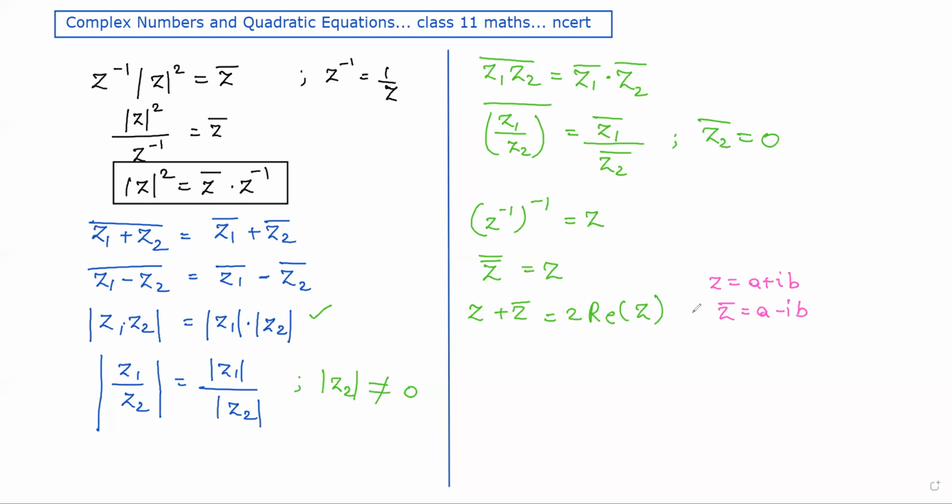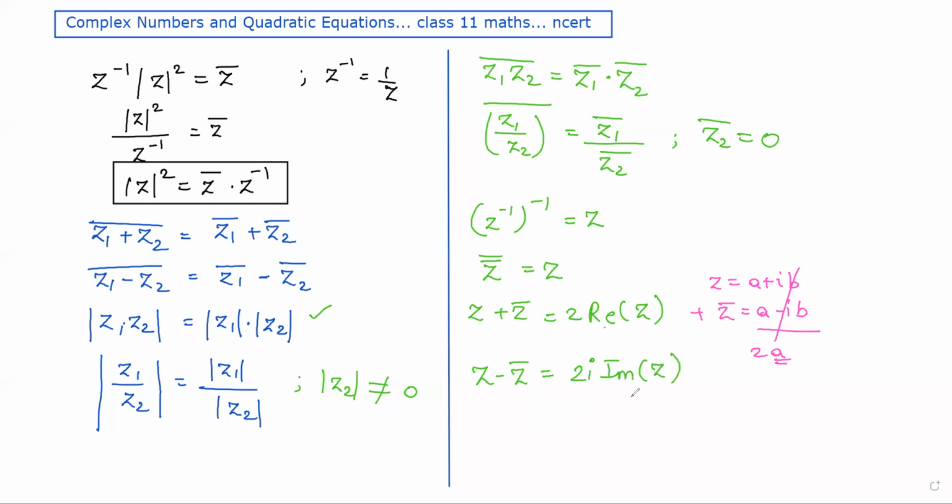If you add them together, these two terms get cancelled and you're left with 2a. a represents the real part of Z. Hence, this addition value is 2 times the real part of Z. If you subtract these values, Z minus Z conjugate, then what happens? The real part vanishes and the imaginary part is left. So 2i times the imaginary part of Z.